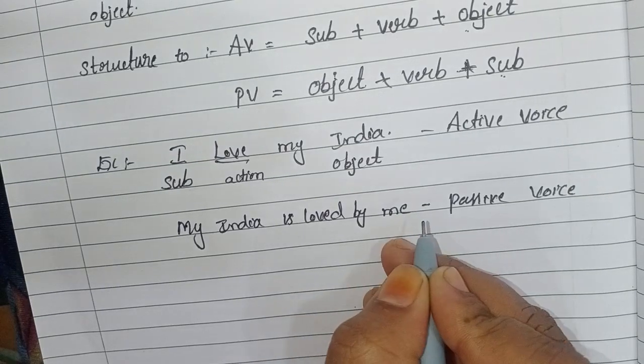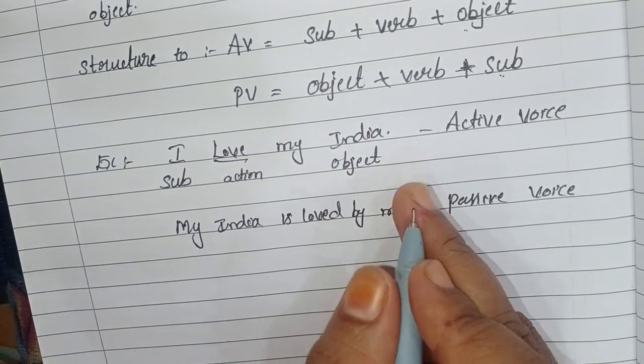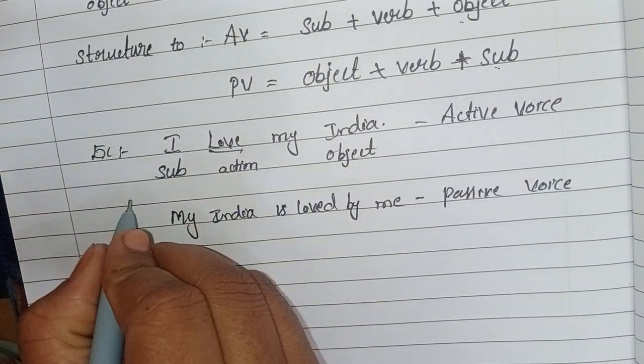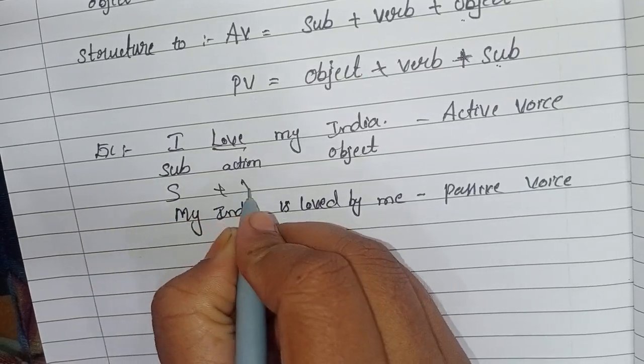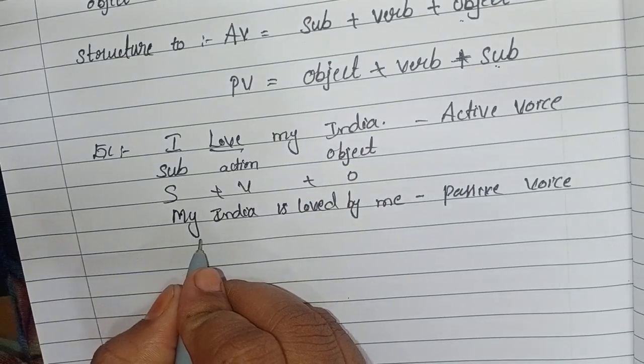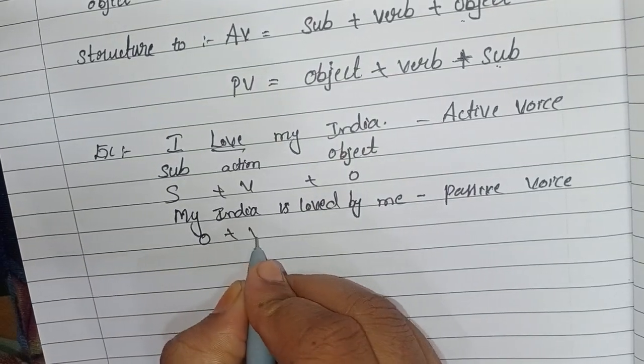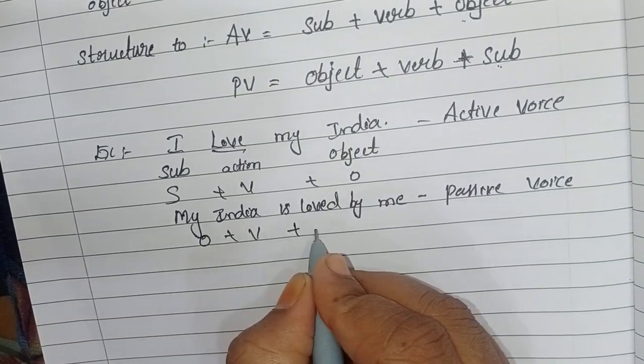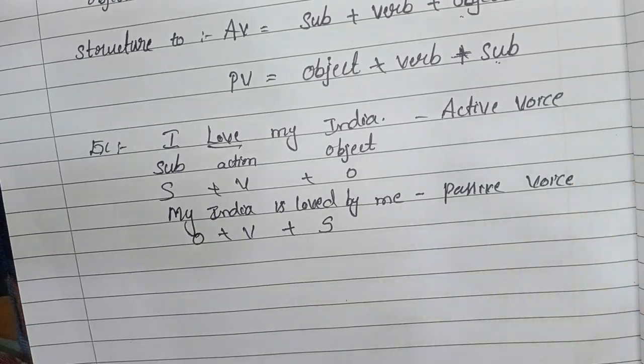This is the passive voice of the active voice. In the active voice, subject plus verb plus object. When we come to the passive voice, we change it into object, verb and subject.